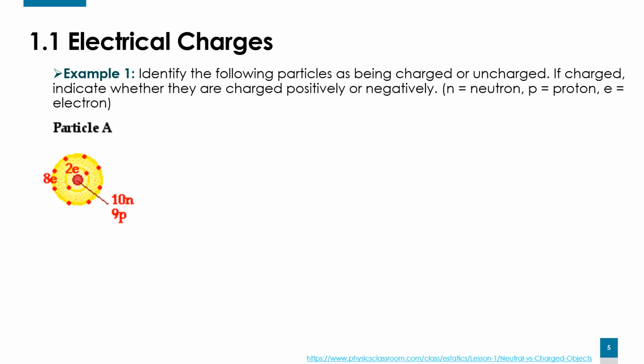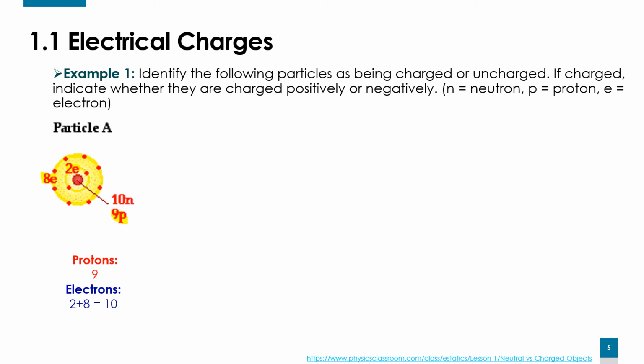How many protons do I have here in this diagram, particle A? I have 9, right? So I have 9 protons. And how many electrons? I have 2 electrons in the first shell and 8 in the second shell. So 2 plus 8, 10, right?